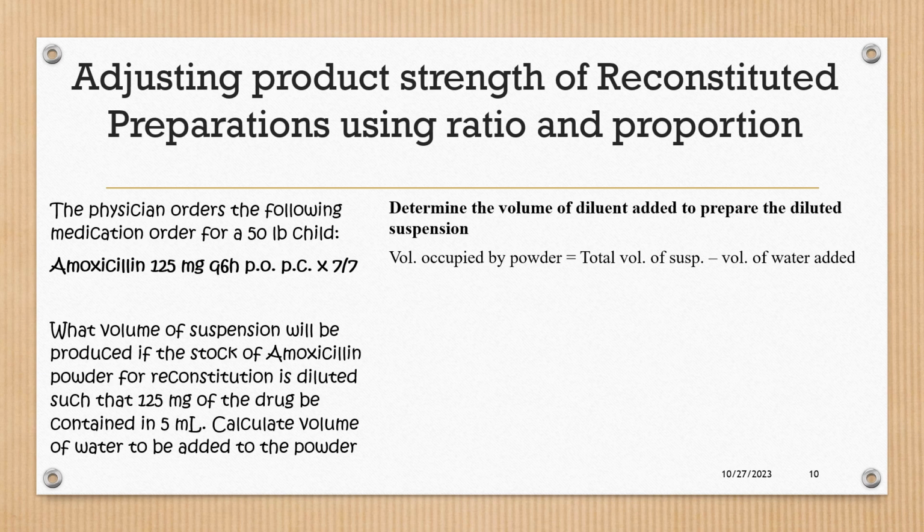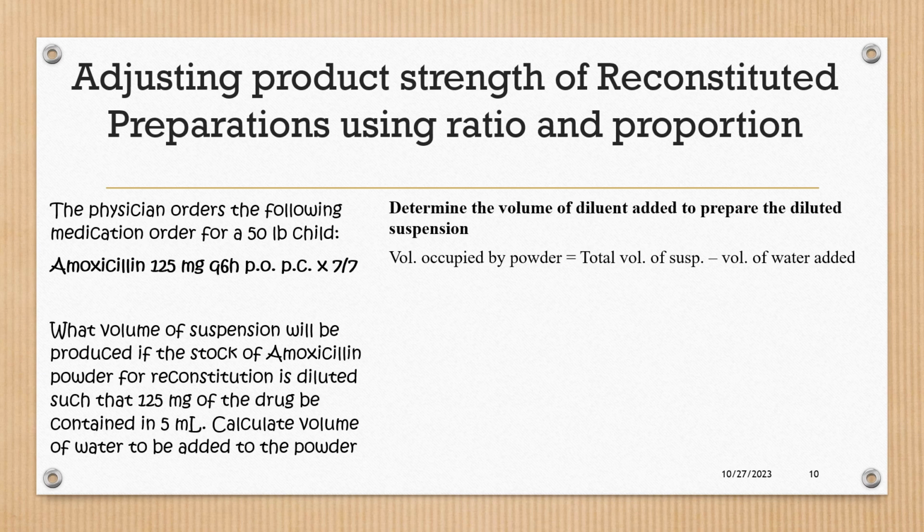So once you dilute or reconstitute the antibiotic powder to 160 mils, that will include the water for reconstitution plus whatever volume is occupied by the powder. So all of that is incorporated into the 160 mils.